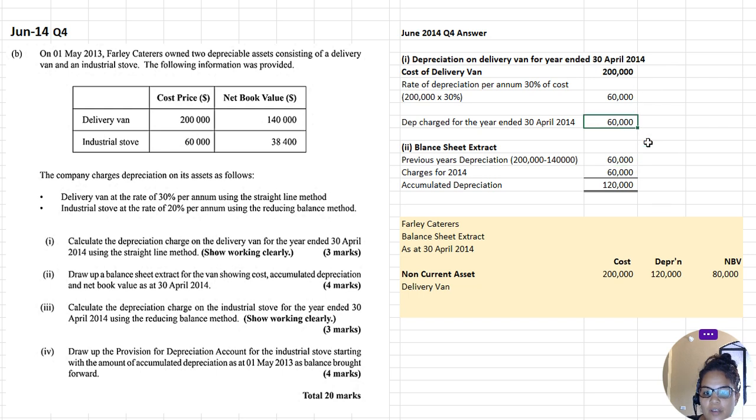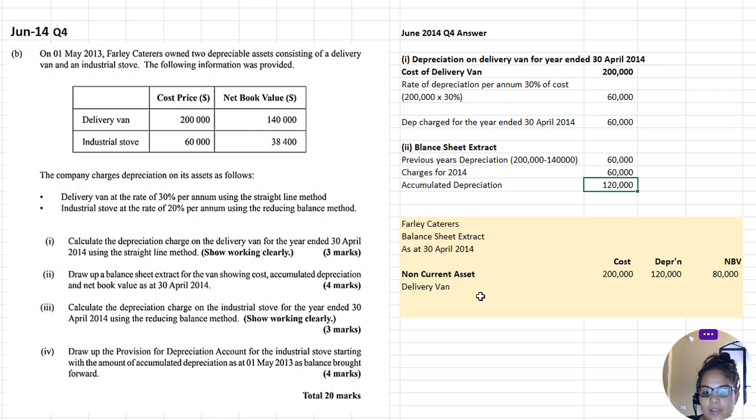Now don't forget the charges for the year. Charges for 2014 would have been 60,000. You already calculated it in part 1 of the question. So total accumulated depreciation would have been the year before plus this year, which gives you 120,000.